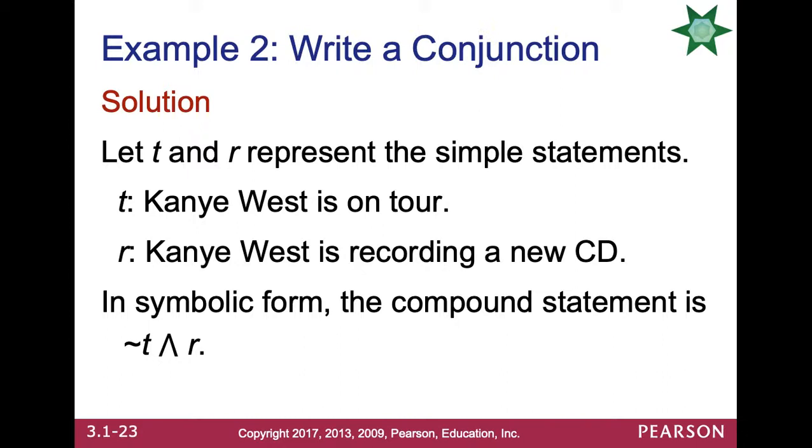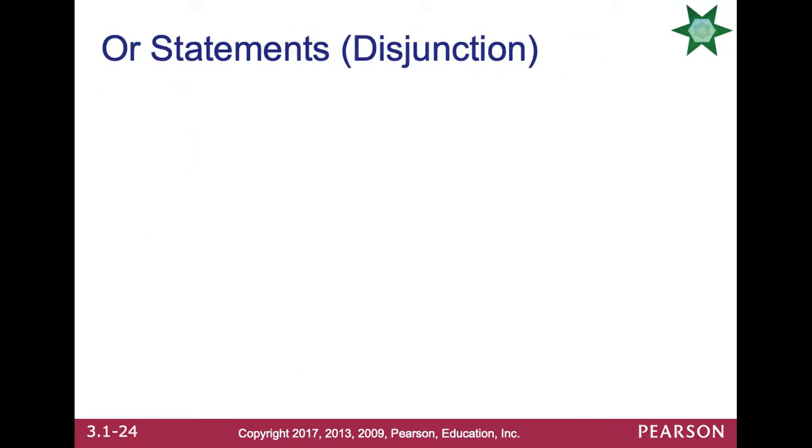R is Kanye West is recording a new CD. In symbolic form, the compound statement is going to be not T and R. So Kanye West is not on tour, but Kanye West is recording a new CD.